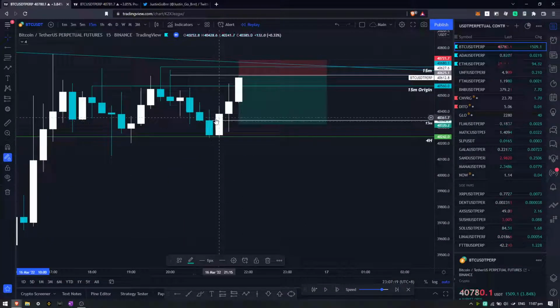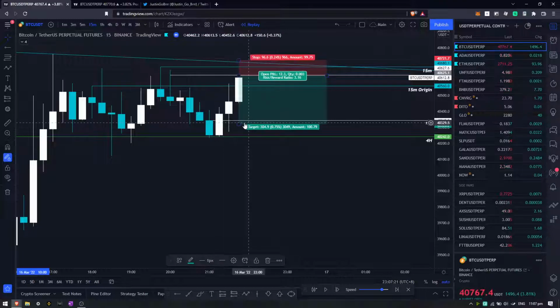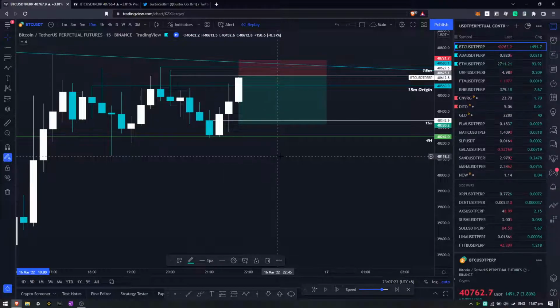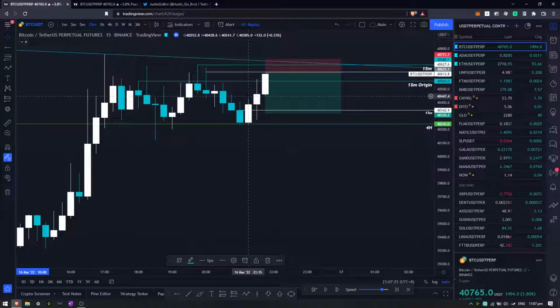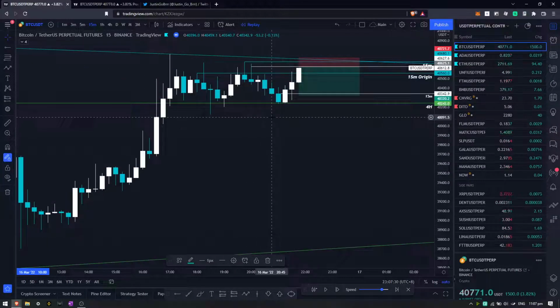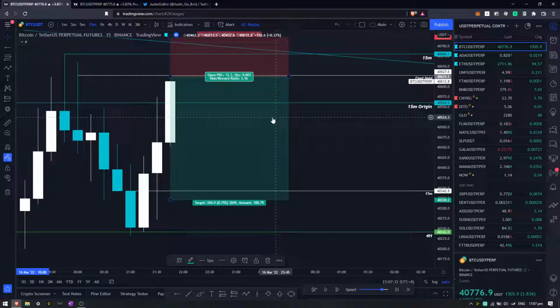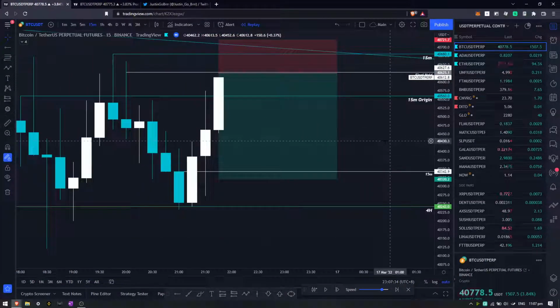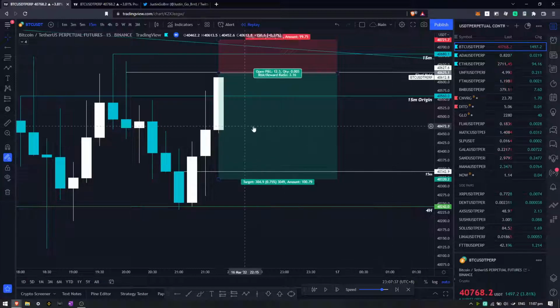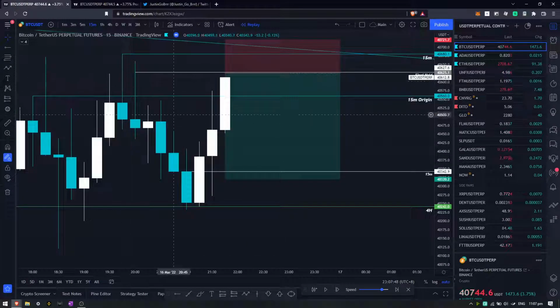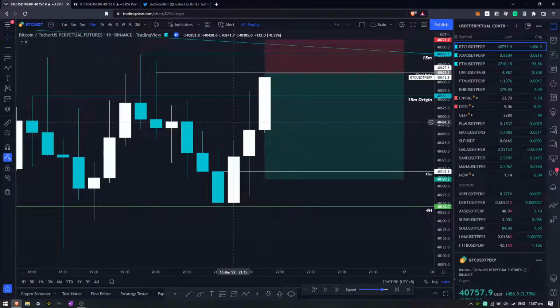Ideally I would have taken a long here, but I don't know what's wrong with me. I was probably looking for a really quick profit, really just forcing a trade here. I'll be honest, I'm not proud of it, but it's something you work towards to further develop over time.